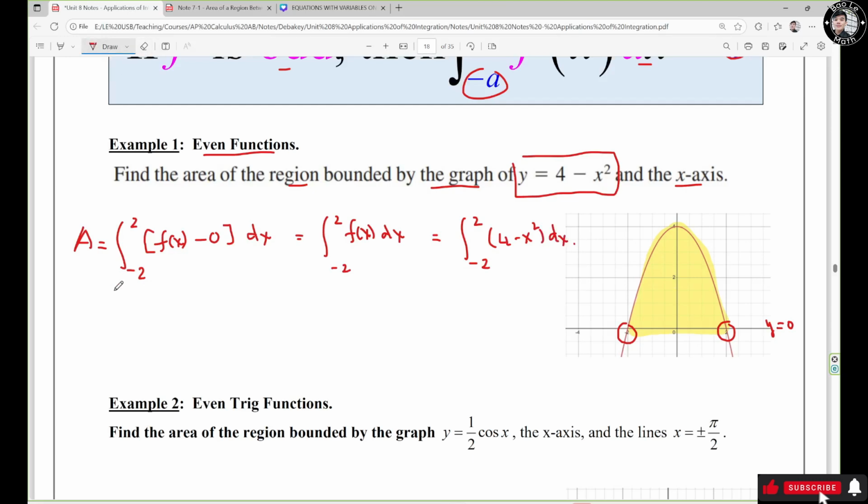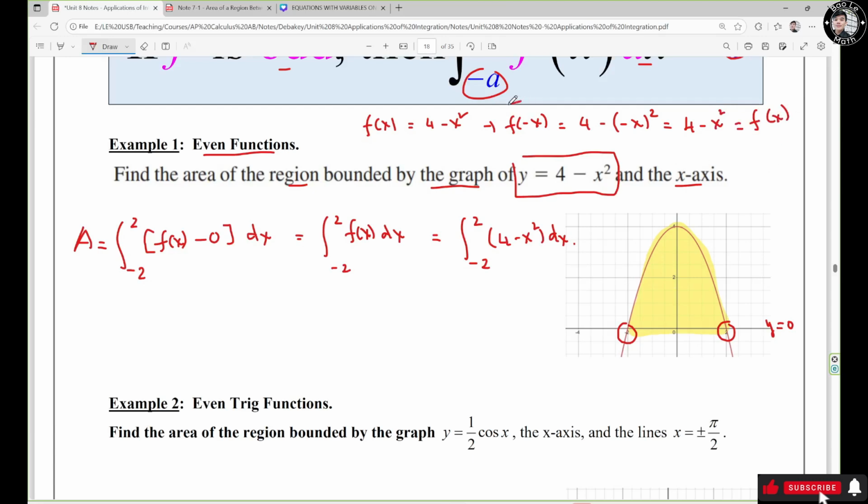Now I'm going to check to see if the function f of s is even or odd. So I have f of s equals 4 minus s squared. Then f of negative s equals 4 minus parentheses negative s altogether squared, so it's 4 minus s squared, which is actually f of s.